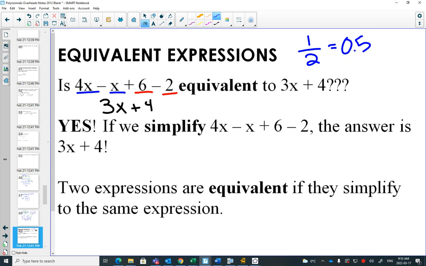Is there anything else that would equal those but not look like those? Oh, close. 0.49 repeated. Anything else? 50%. Love it. Could anybody write another fraction? 50 over 100.